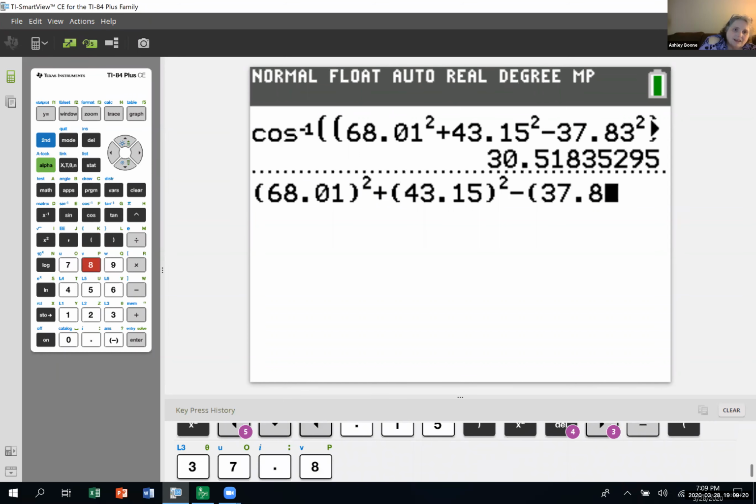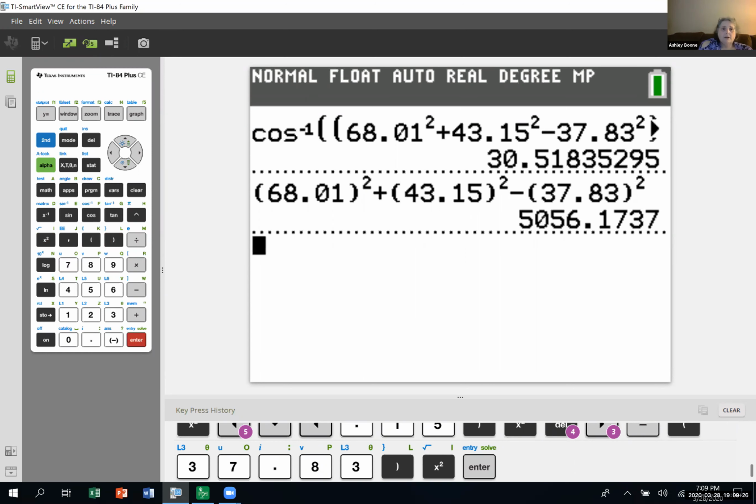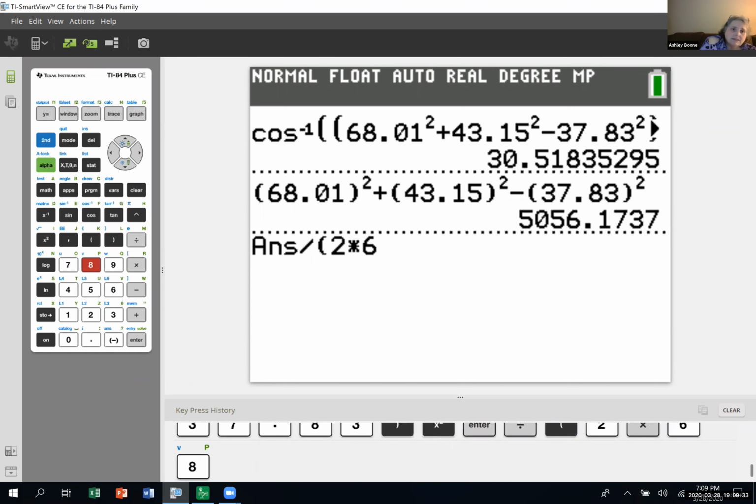But remember what I've said all along, I don't like to round. So this is my numerator, divided by, in my denominator, 2 times 68.01 times the 43.15.